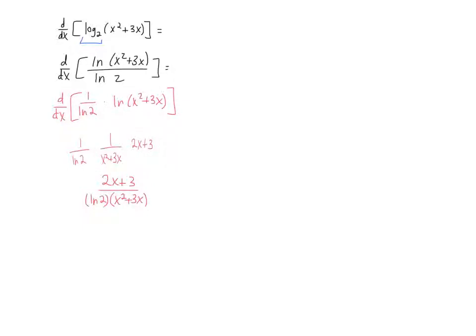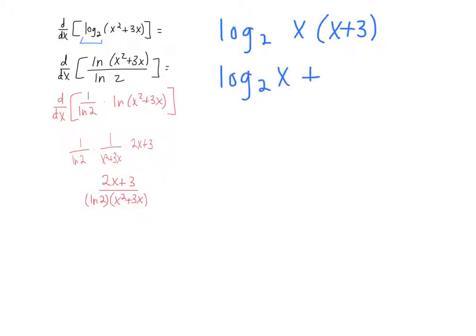We could split up log base 2 of x squared plus 3x into x times x plus 3. And now we could use our log rules and just write this as a sum. Now I can differentiate this. Well, first I have to change the base.